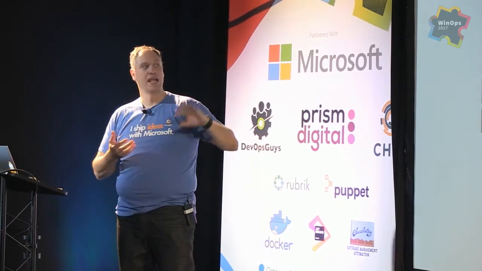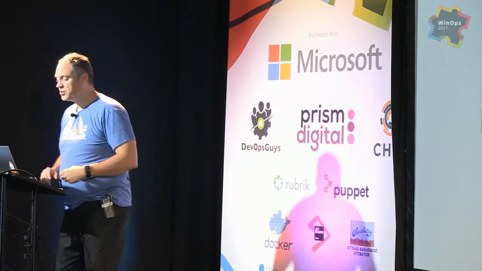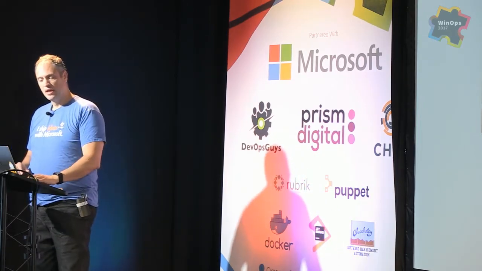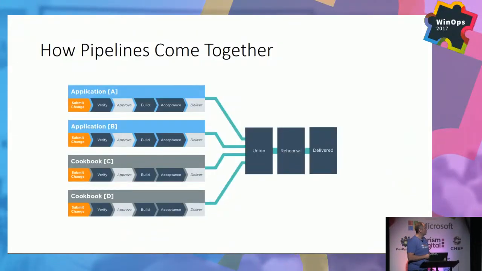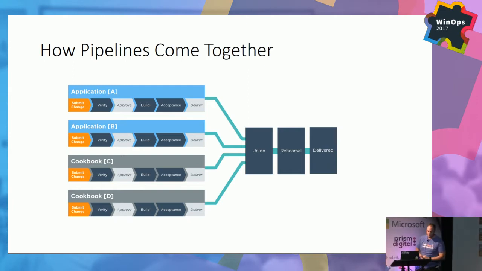You could think of that as dev, QA, and production, or whatever environment names fit your world. But we have to carry some of that testing behavior into those pipelines. Each of my applications has its pipeline, my config management has its pipelines, but these things all need to come together in an environment.